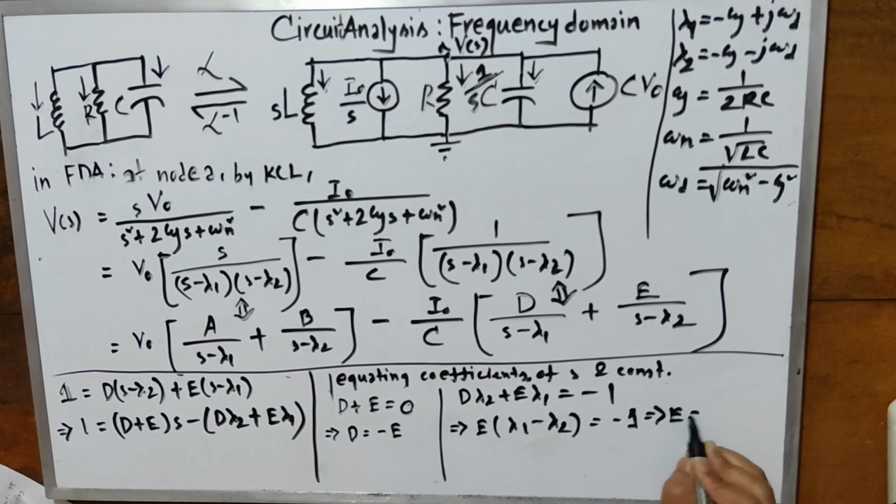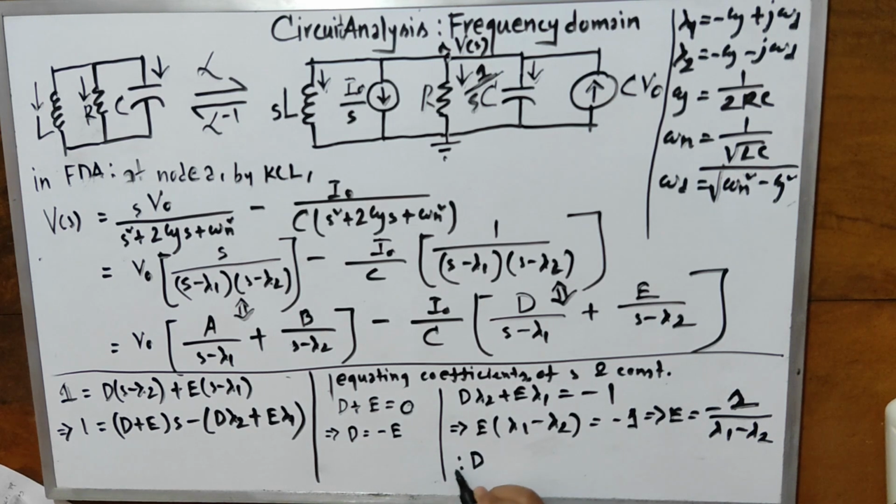So E equals minus 1 by lambda 1 minus lambda 2. So D is plus 1 by lambda 1 minus lambda 2. So now we have found all our arbitrary terms.